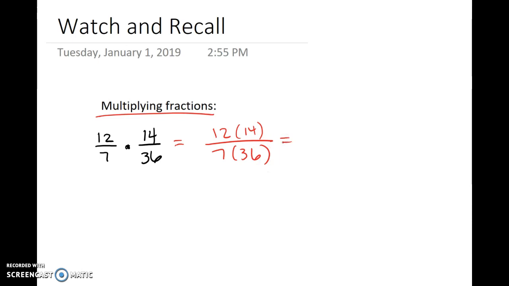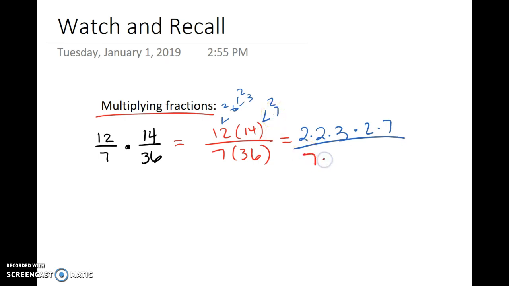Now usually we would actually multiply these out, but I know that these could simplify. I know that there's some common factors in here that I can reduce, and so rather than multiplying 12 times 14, I'm going to break down what 12 is. 12 is 2 times 6, which is 2 times 2 times 3, and 14 is 2 times 7. 7 is just 7, right?